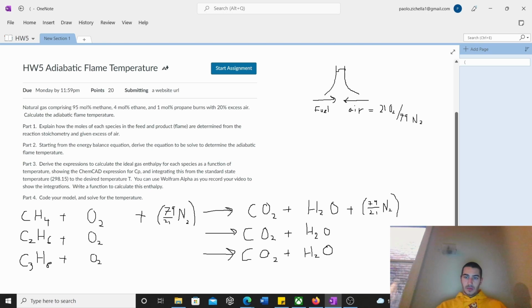And we also do this for both ethane and propane, as they follow the same combustion process. So 79/21 of nitrogen gas for both ethane and propane. And then, of course, it is also on the product side.